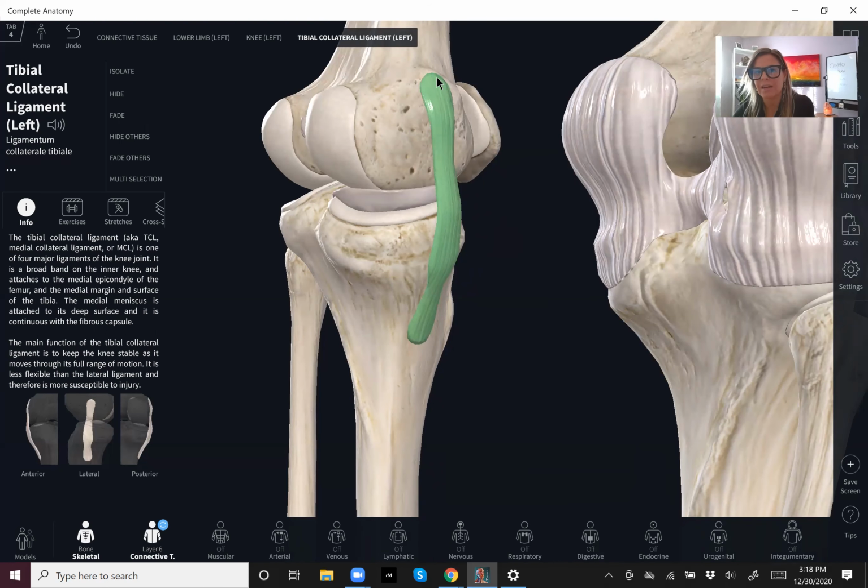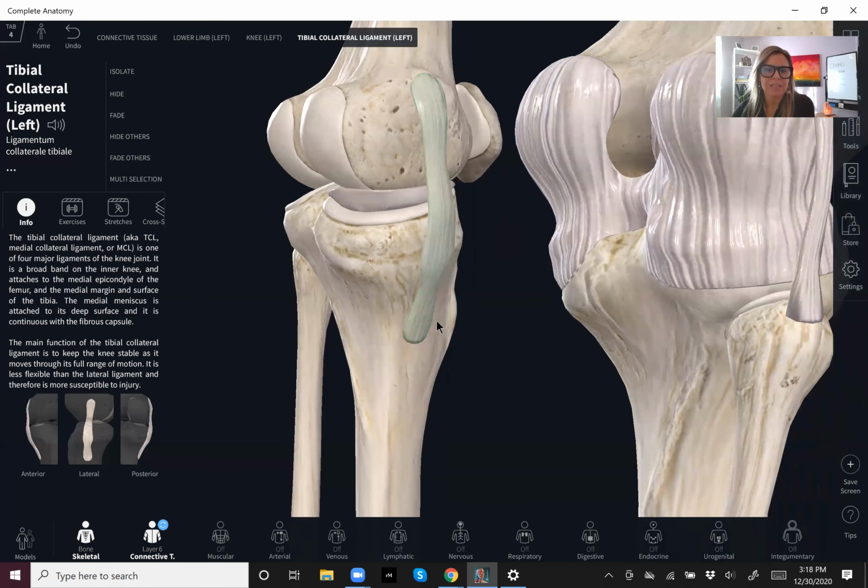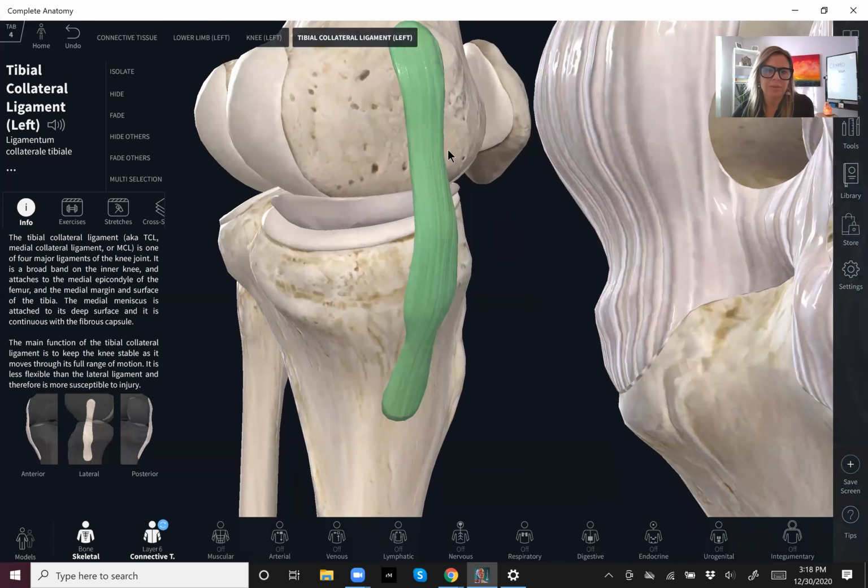Now, these connections where this ligament starts or originates and then inserts actually have names, but we're not going to worry about naming these processes on the bones. Just know that there are names to identify where they start and where they insert. And as we get a little bit closer, I'll unhighlight it here.